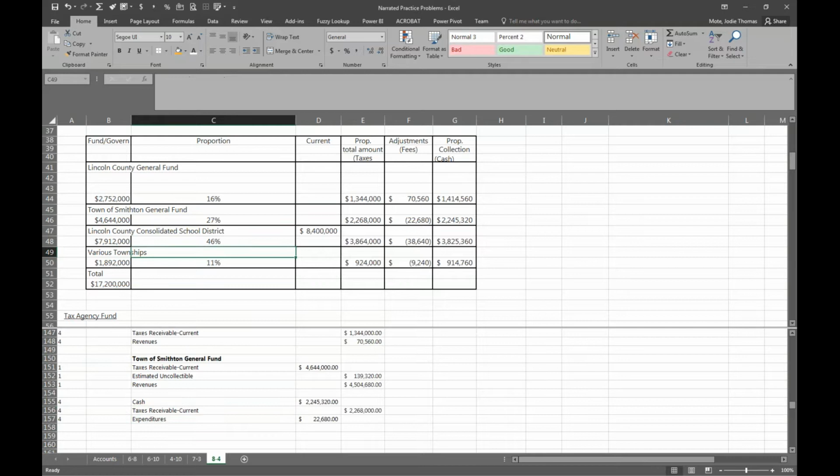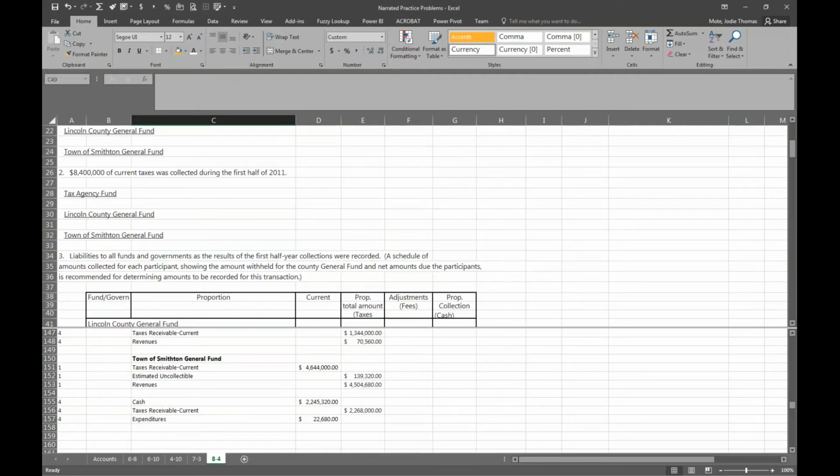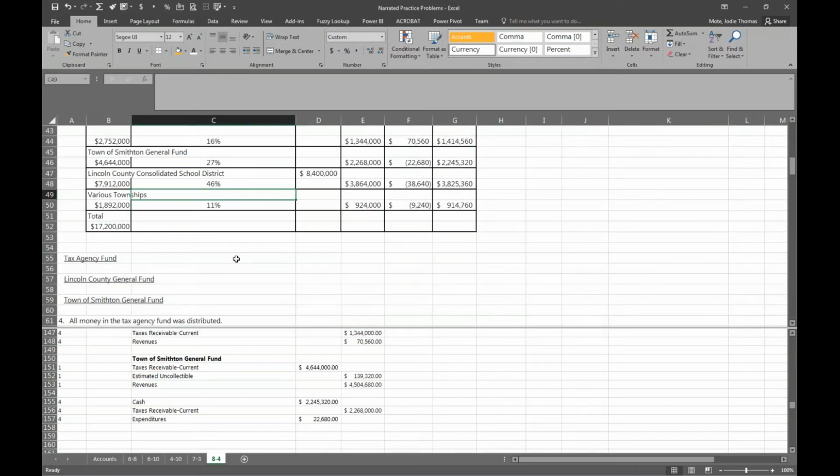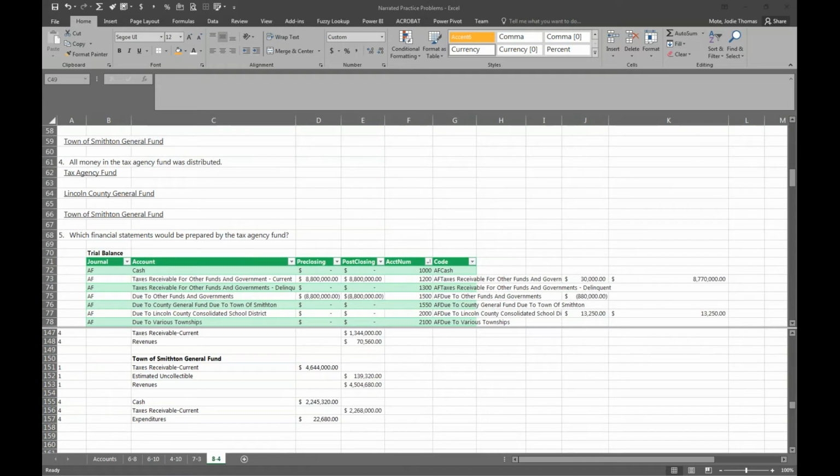So the last question there is which financial statements should the tax agency fund prepare? It's a statement of fiduciary net assets, which is basically the only one, as we mentioned.